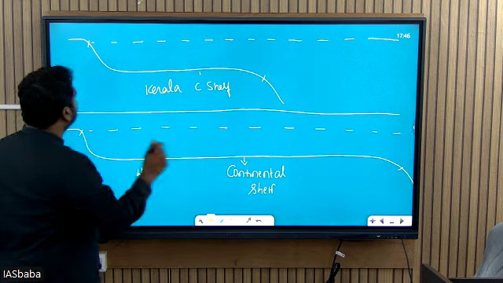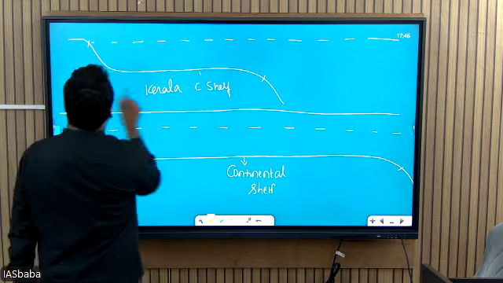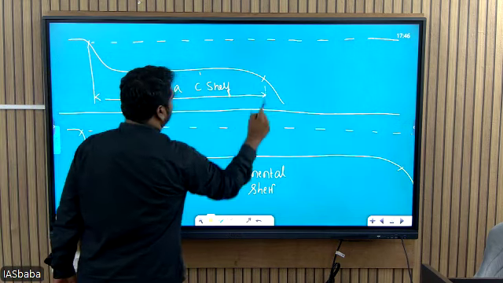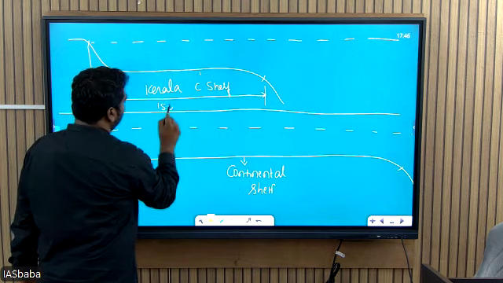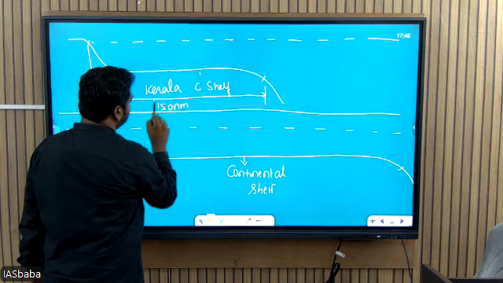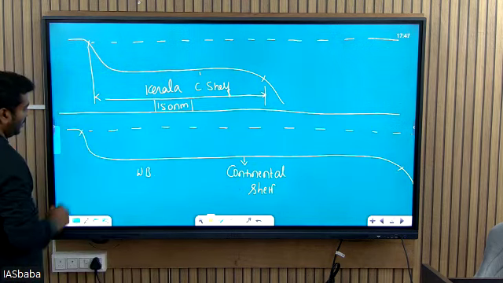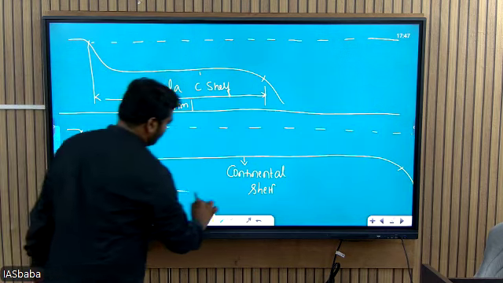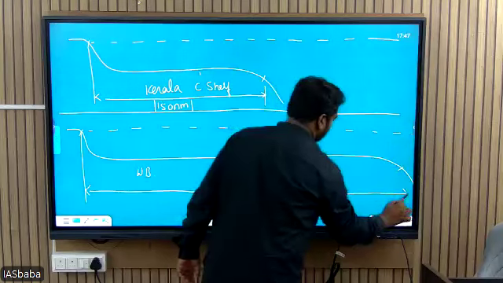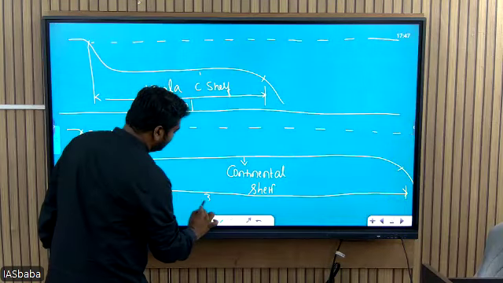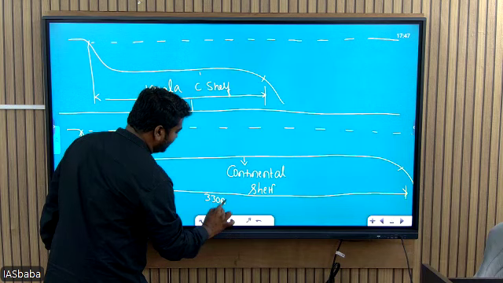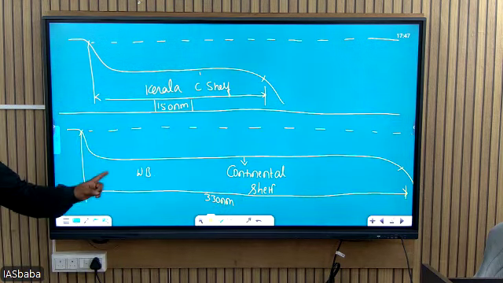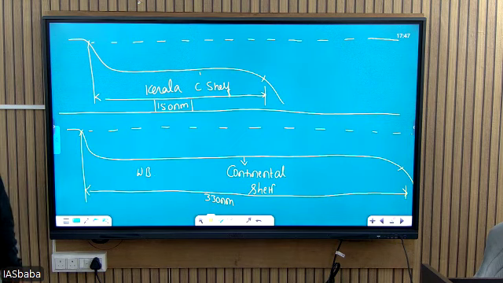Now, let us say near Kerala, the continental shelf is approximately 150 nautical miles. But here, in West Bengal, the continental shelf is 330 nautical miles.